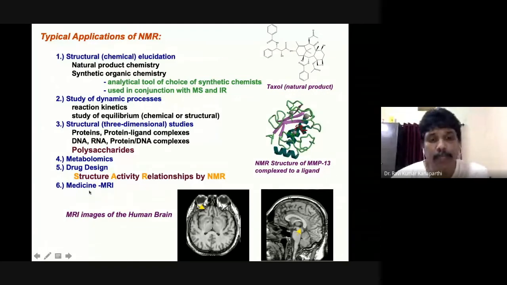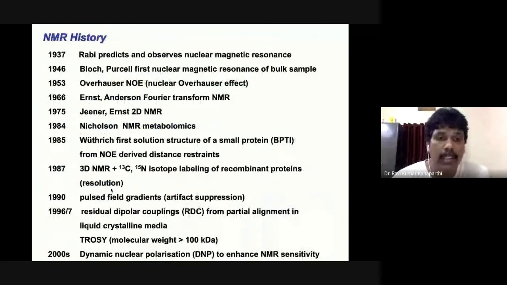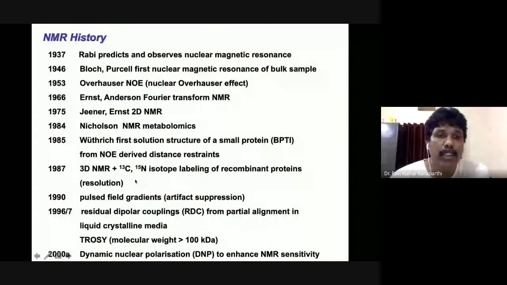I would say it has its own significance in clinical diagnosis, to probe exactly what is happening at the microscale level in a cell. And this is a brief history. It started with atomic resonance, nuclear resonance, and then slowly went to molecular nuclear resonance, and finally it ended with a very beautiful application in clinical diagnosis, the MRI technique.